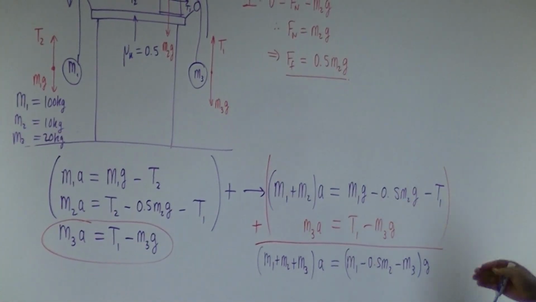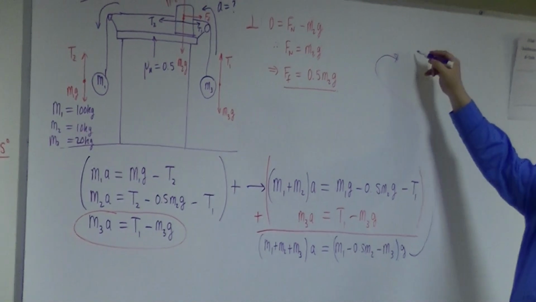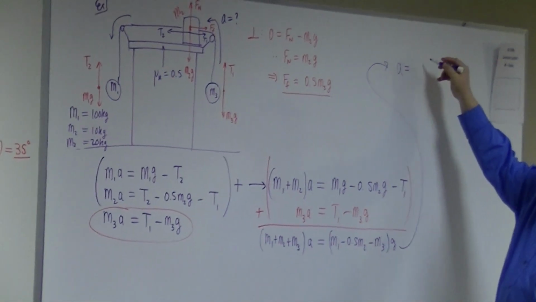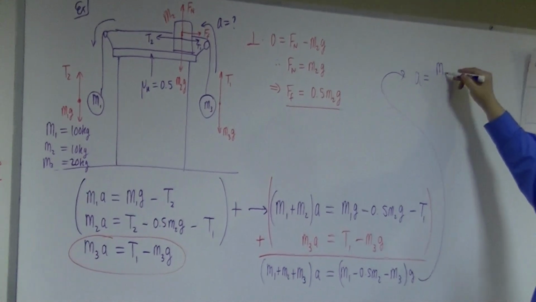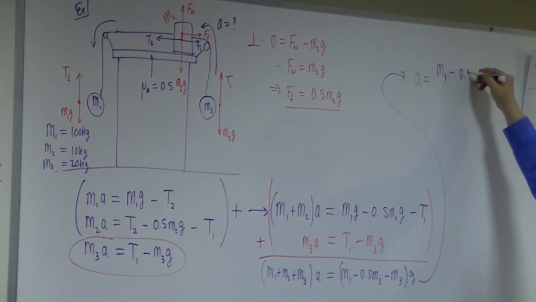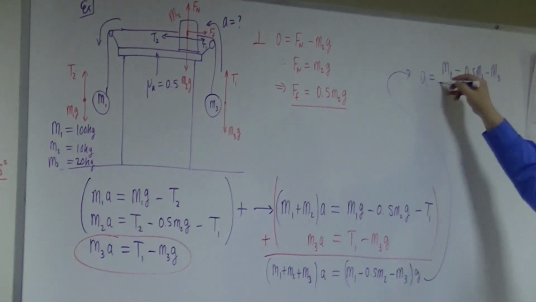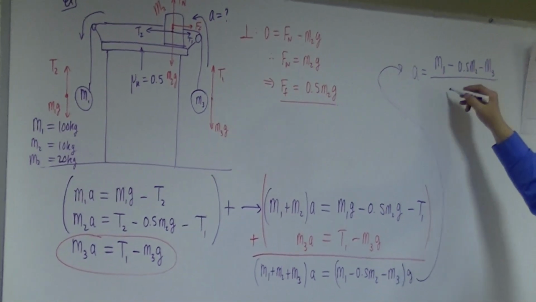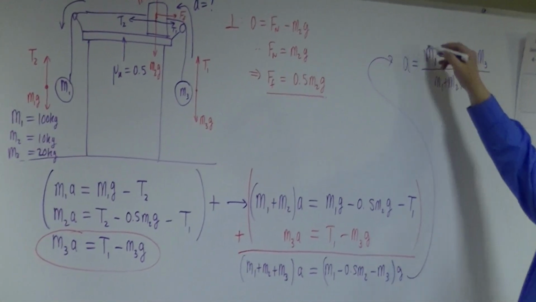I factored out the G. And so there's our answer. The acceleration is equal to M1 minus 0.5 M2 minus M3, divided by the sum of the masses, all times g.